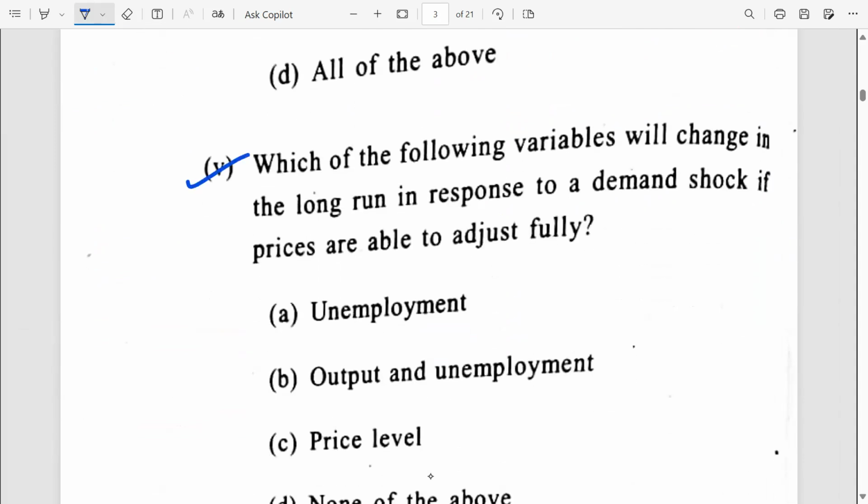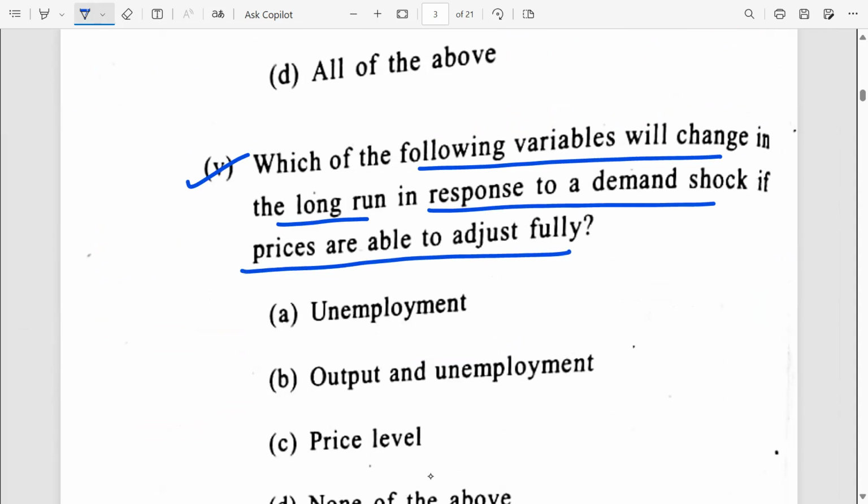Which of the following variables will change in the long run in response to a demand shock if prices are able to adjust fully? When prices are able to adjust fully, it means it's classical economics. Because remember, in Keynesian economics, prices can't adjust fully. Prices are rigid. And in classical economics, in the long run, there is no impact on the real variables.